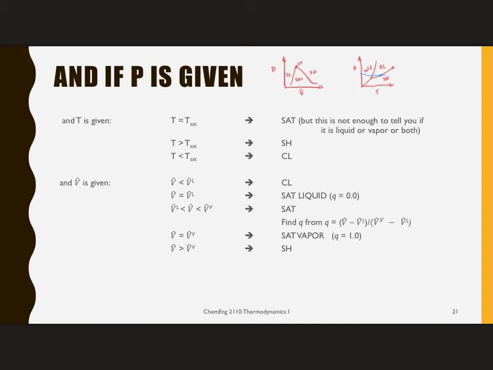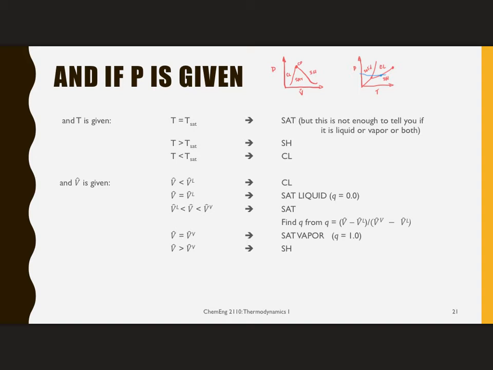But it's a point on a line. I can't tell you the quality. If the pressure is higher, it's a compressed liquid. If it's lower, it's going to be a superheated vapor. For volume, again, small volumes are going to be compressed liquid, large superheated vapor, in between saturated.